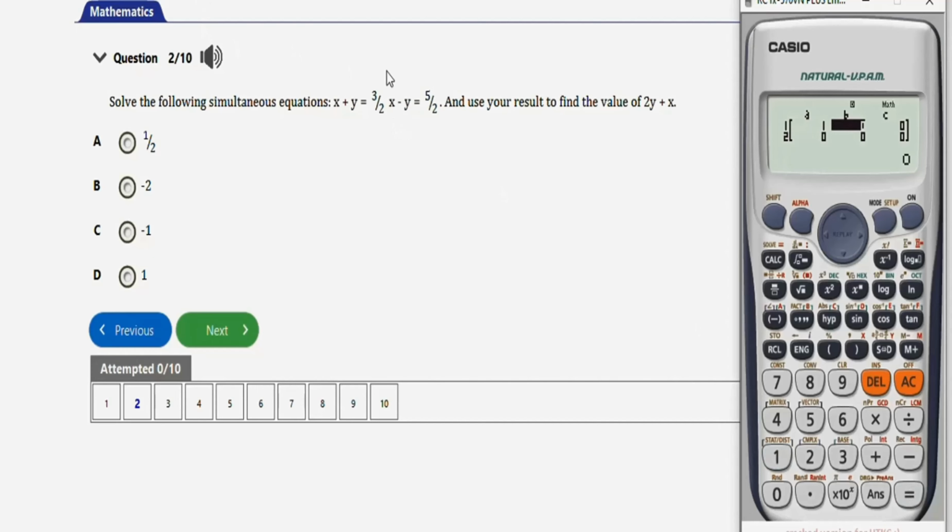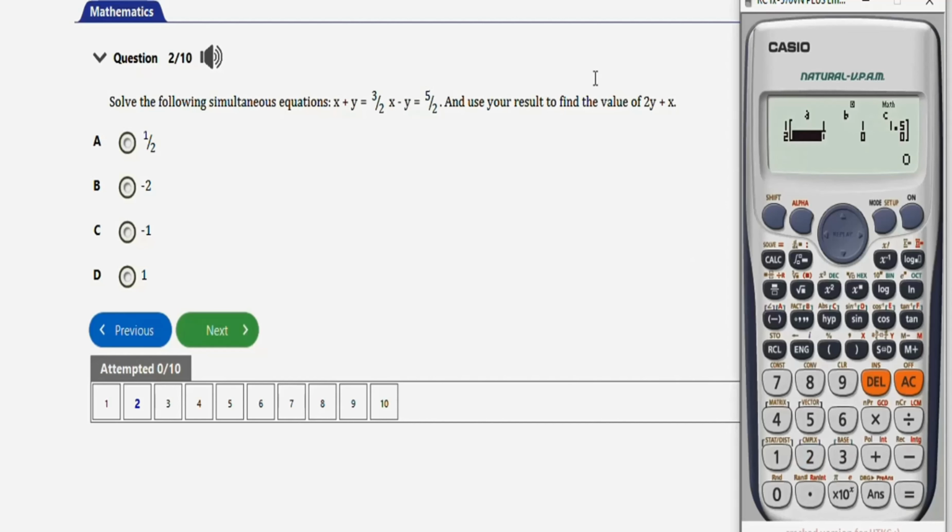The coefficient of x in the first equation is 1, and the coefficient of y is 1 as well. The constant is 3 divided by 2.